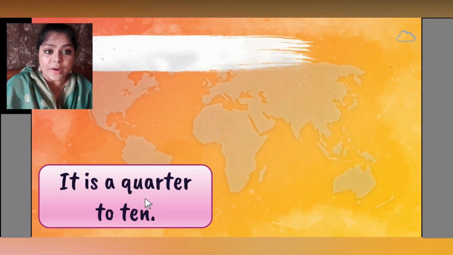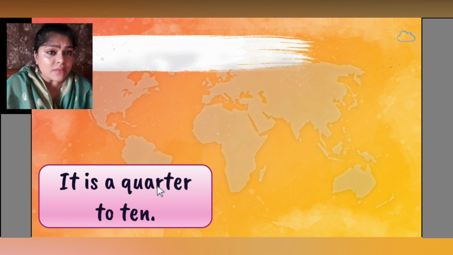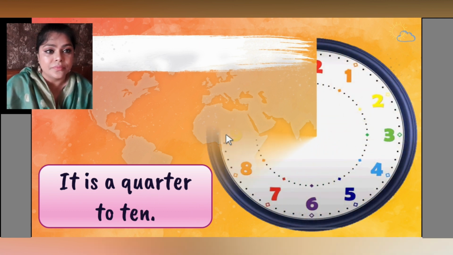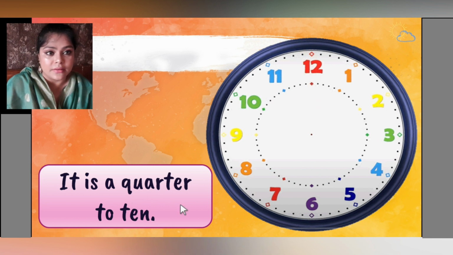It is a quarter to 10. It is a quarter to 10. That means 15 minutes are left for 10 o'clock. Let's see the watch. Now the hour hand. Now tell me where the hour hand will be. In between 9 and 10, or on 10? Let's see.